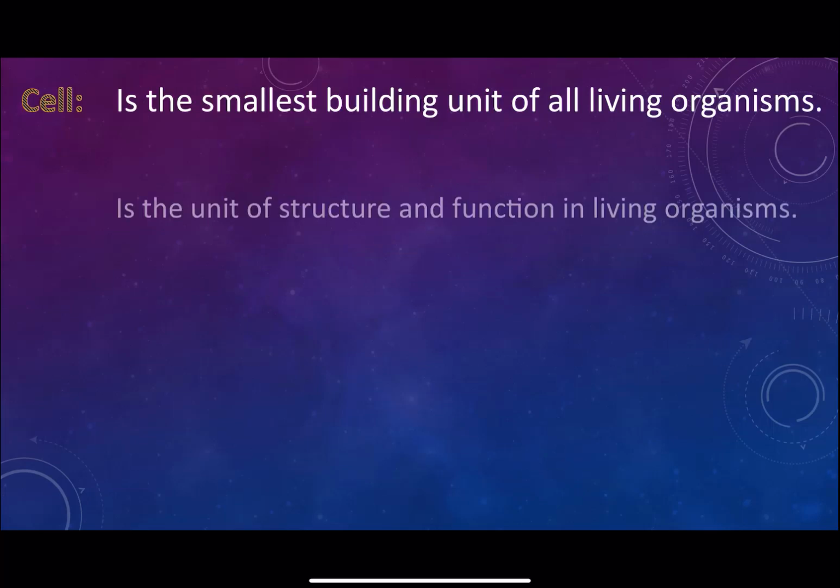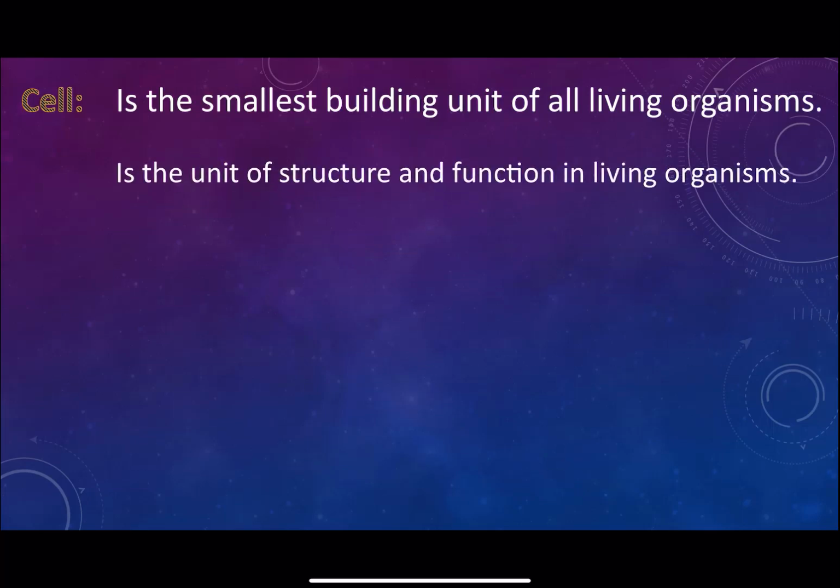I can define it like that. It is the unit of structure and function in living organisms. So we have two definitions for the cell. The first one, the smallest building unit of all living organisms, and the second one, the unit of structure and function in living organisms.